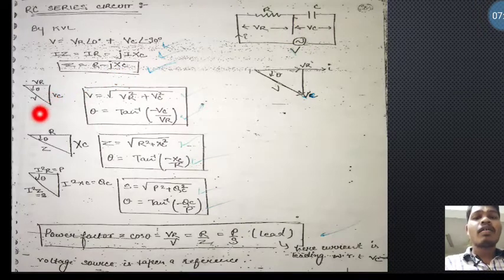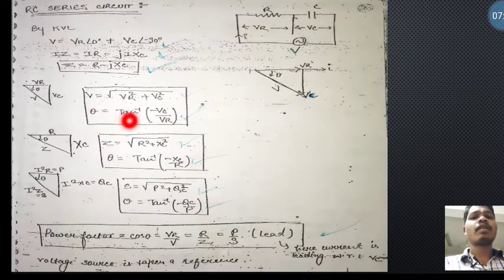In the voltage triangle, we take VR as the base, VC lagging, and the resultant is V. Voltage V is equal to root over of VR square plus VC square, and the angle theta between the voltage across the resistance and the total voltage is tan inverse of VC divided by VR.